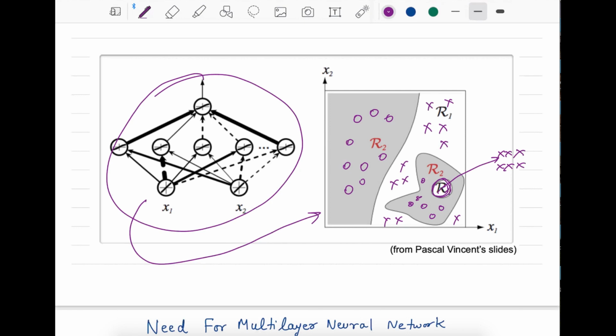It is inherently implementing some complex function which a single node perceptron cannot do. So that's why we have to look for multiple layers and multiple nodes in these neural networks.